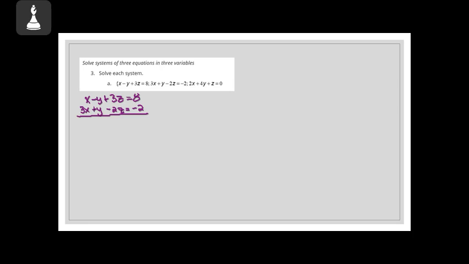So I pair first with second, and then I pair first with third. So x minus y plus 3z equals 8, and 2x plus 4y plus z equals 0. All right, so in this first pair, I can eliminate the y's right away if I do my addition. So it gives me 4x, the y's are gone, plus z equals 6.